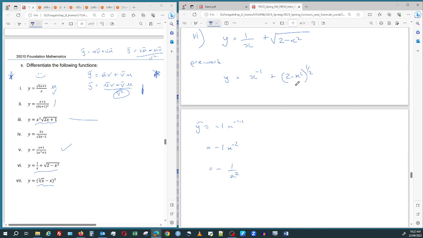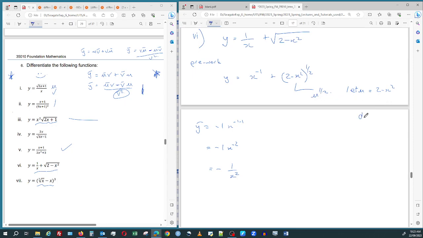However, this now represents a chain rule. Let u equal 2 minus x squared. And then we've got to write this thing in terms of u to the half. Because it's part of a term, I can't simply write y equals something, so I'm just going to let it sit there as u to the half. But I'm going to introduce another idea here.